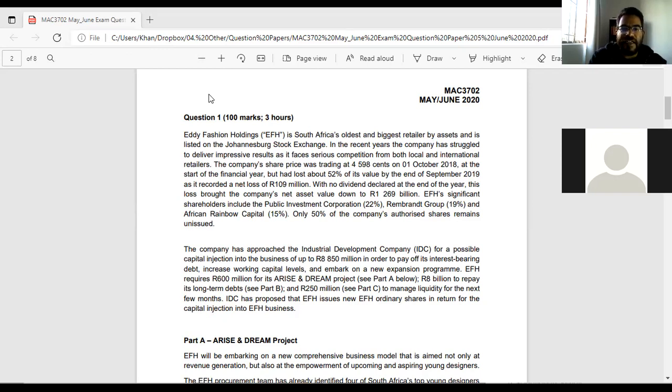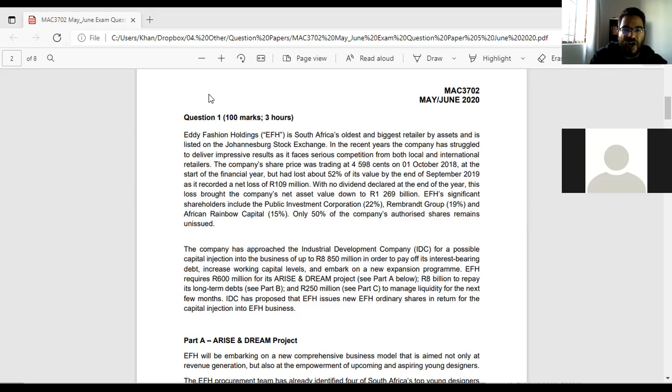With no dividend declared at the end of the year, this loss brought the company's net asset value down to 1,269 billion rand.